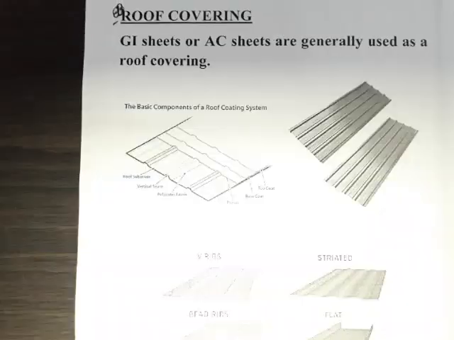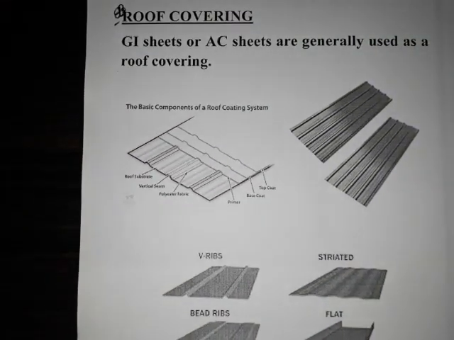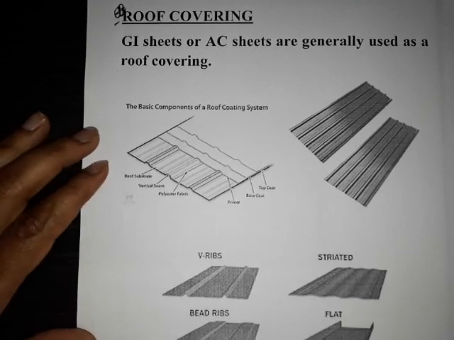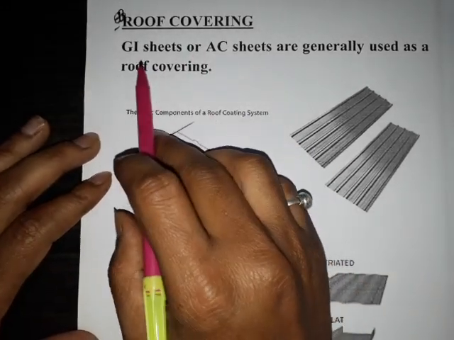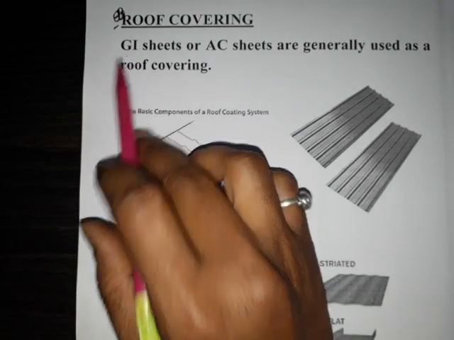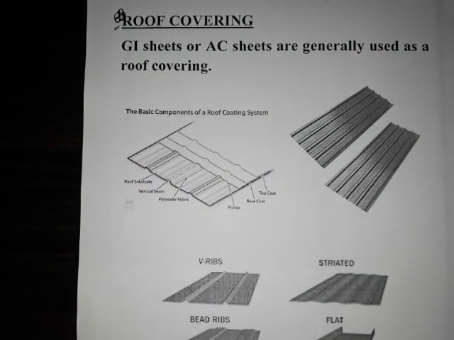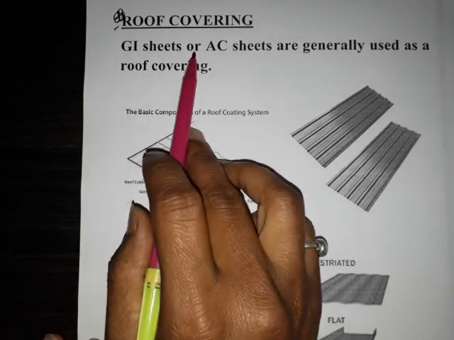And the last is roof covering. So roof covering is nothing but the material used to cover the truss. Generally GI sheet or AC sheet.